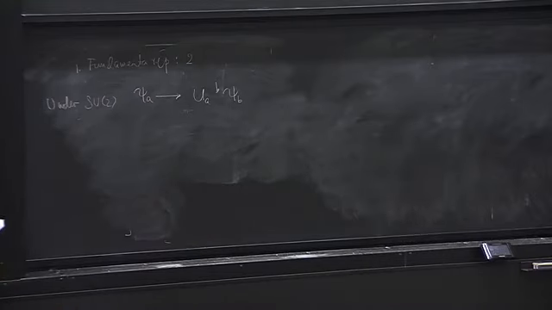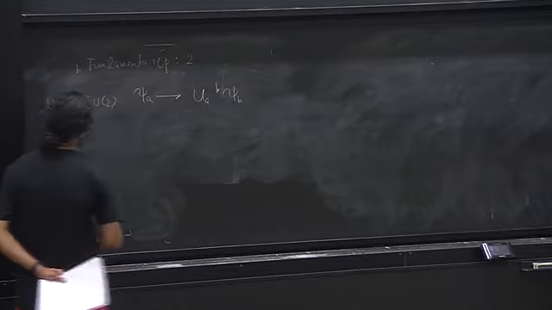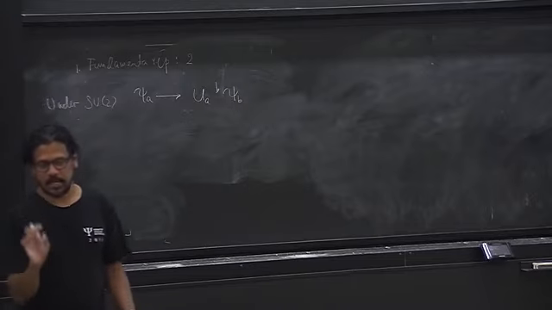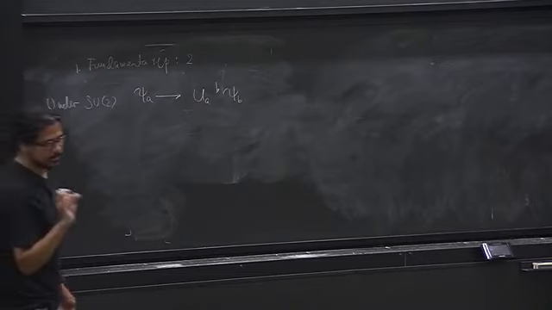Now, I'm going to introduce some. So you can call it a vector, right? It's a particular kind of tensor. It's the most basic tensor we can have which transforms under SU2.